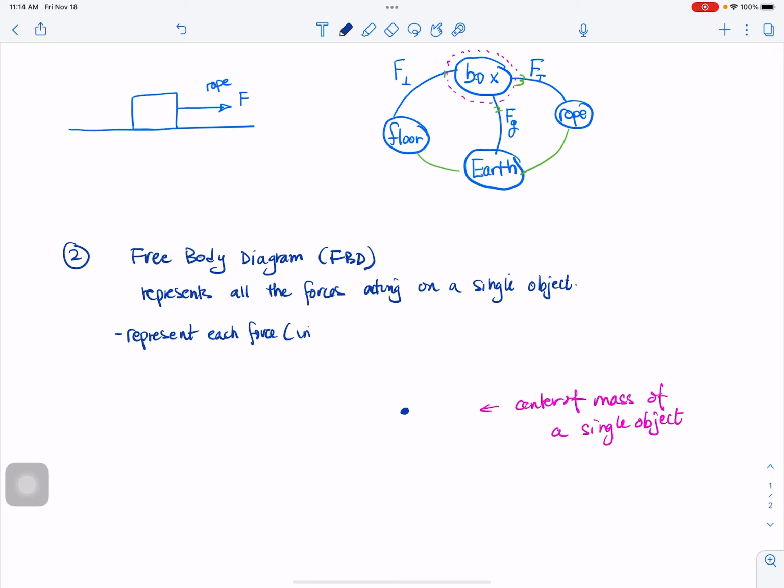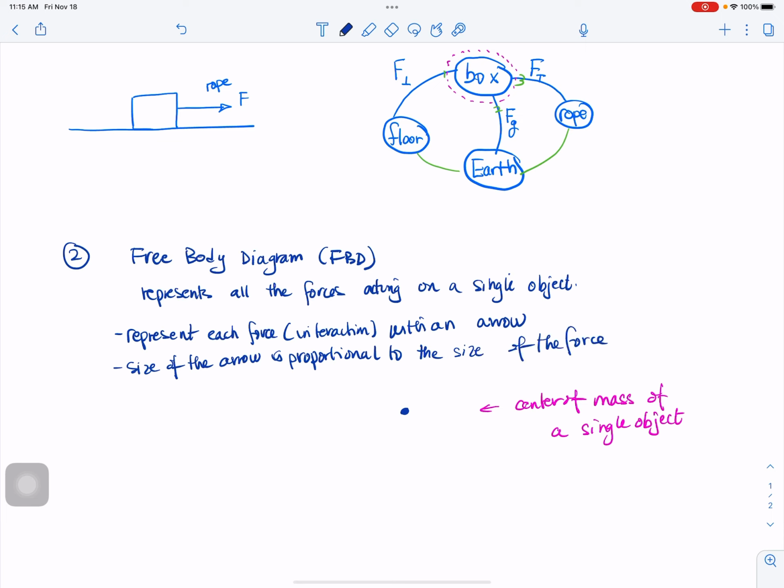Remember, a force is an interaction with an arrow. The size of the arrow is proportional to the size of the force, and the direction is in the direction of the force.